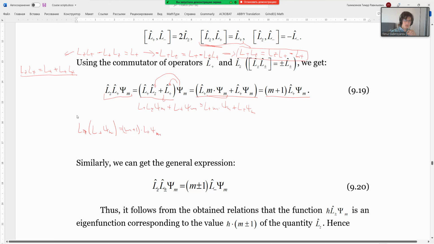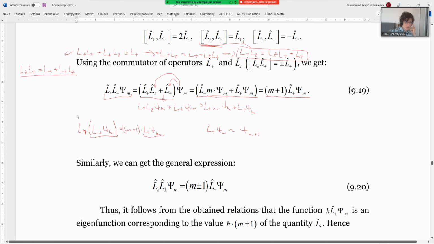That means that this function L plus psi m is an eigenfunction of the Lz operator with eigenvalue m plus 1. That means that L plus psi m should be proportional to psi m plus 1.